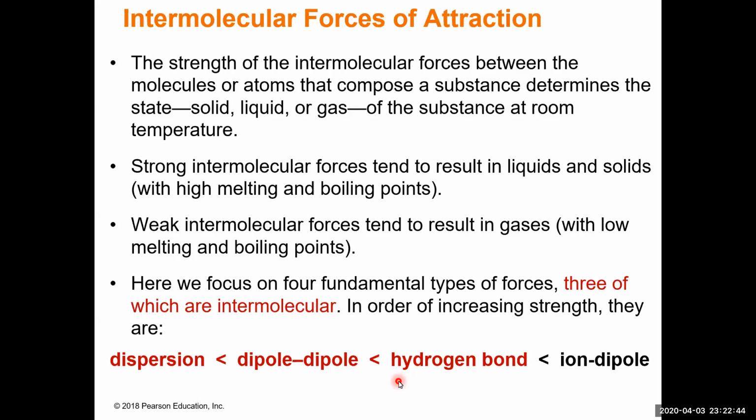And these are our 3 intermolecular forces. And then we have a 4th force, which isn't necessarily happening between molecules. It's considered our ion-dipole. So the ion part happens with an ionic compound. For this reason, we do not consider this an intermolecular force, but this type of force is generally stronger than all of our intermolecular forces.